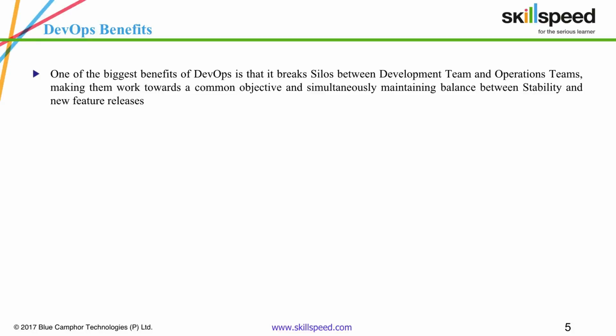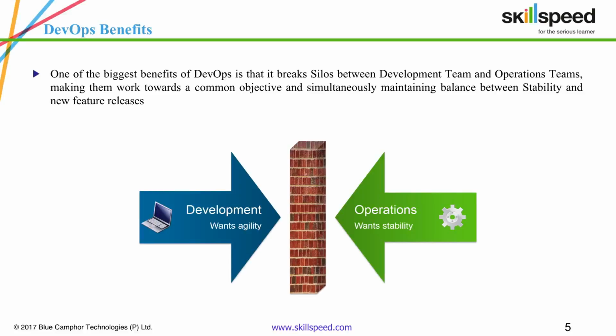new feature releases. Now, again, the problem is obvious, because when you talk about the development and operations side, the major goal of the developers is agility. They want to release the software, they want to release new features, right? And new features and changes mean instability, which is completely against what operations guys want. They want things to be stable.